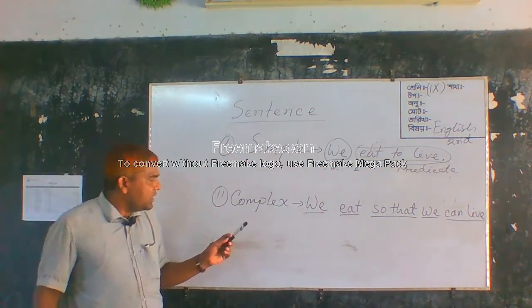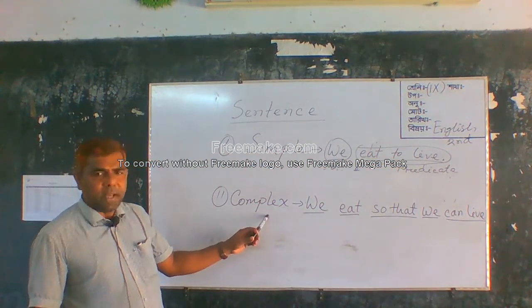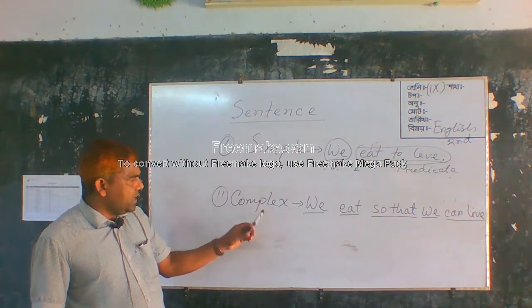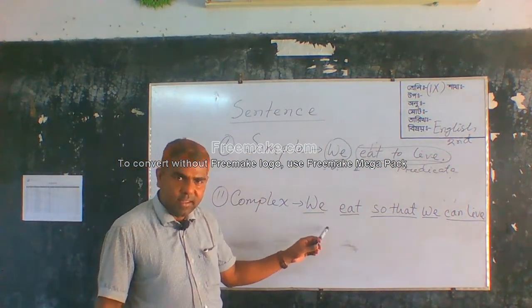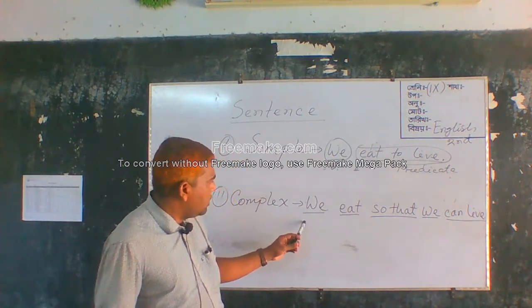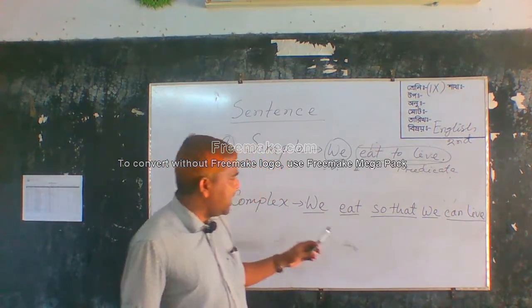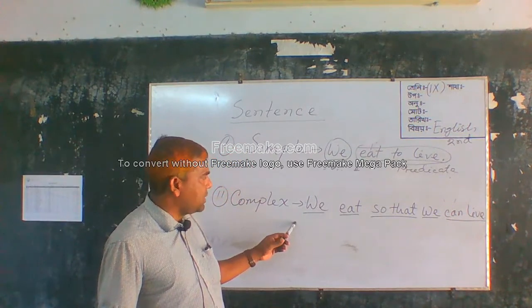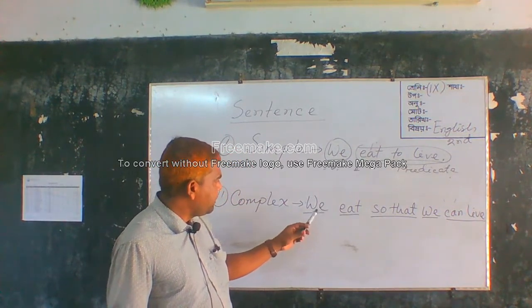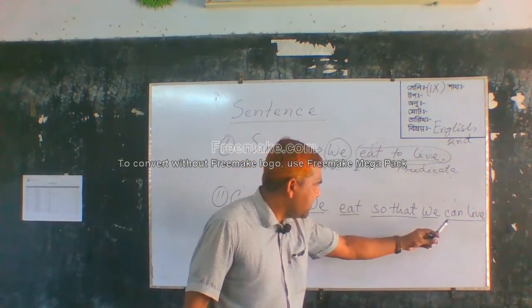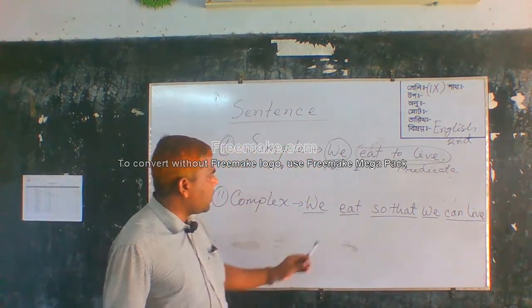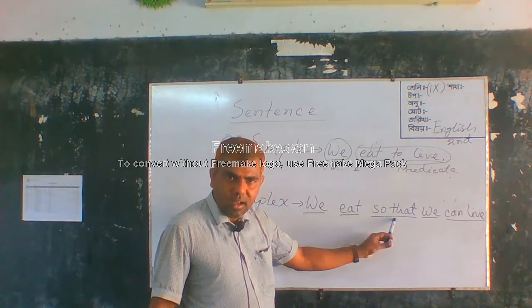Why is it a complex sentence? If in a sentence we can see two subjects or more than one subject, and more than one predicate, and a subordinating conjunction.